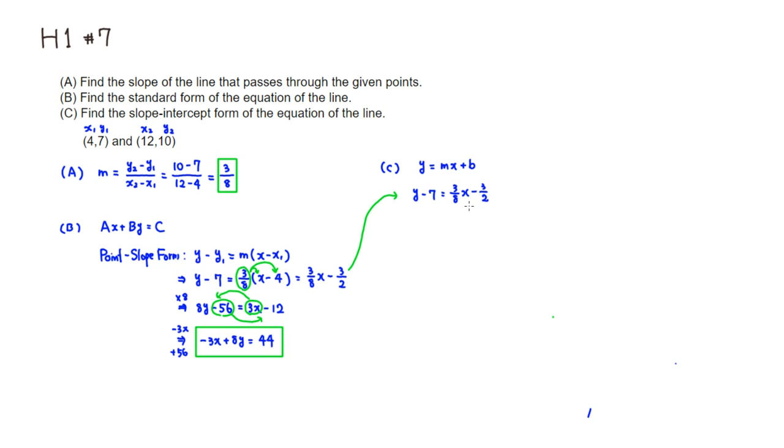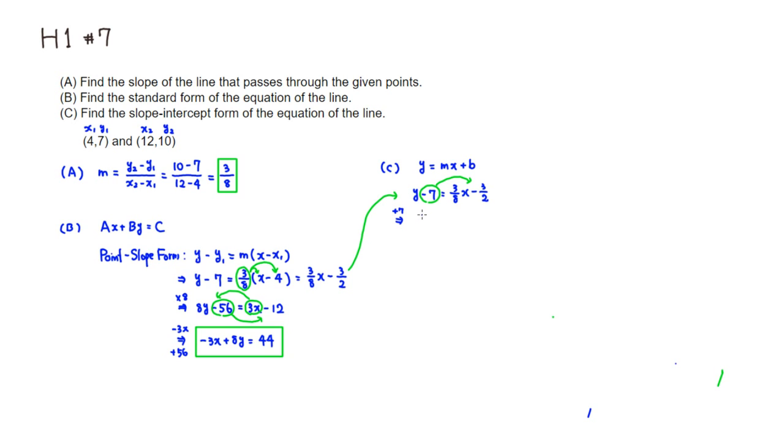All you have to do from here is get rid of the negative 7 so that we can isolate y. To get rid of negative 7, we can just add 7.